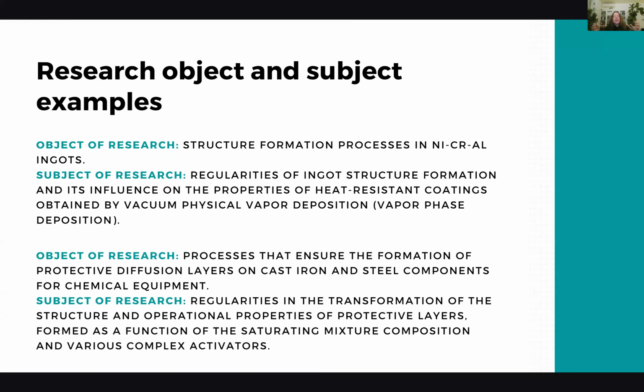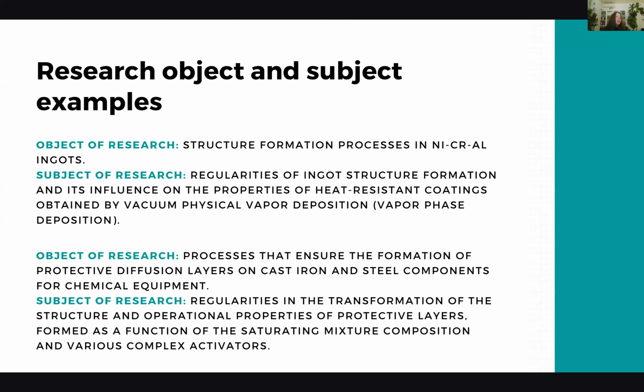Next, your subject would be more focused on the specifics of that problem or one of the ways you could solve it. For example, you could replace your cast iron with steel, so change the alloy. That would be one subject. If you could add some alloying elements or modifiers to your alloy to make it stronger, that would be another subject within the same object.